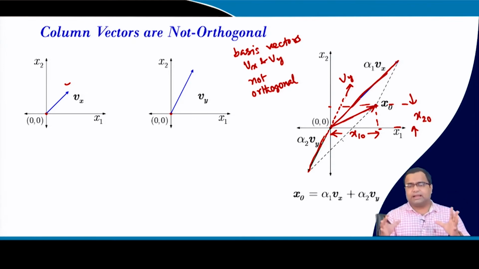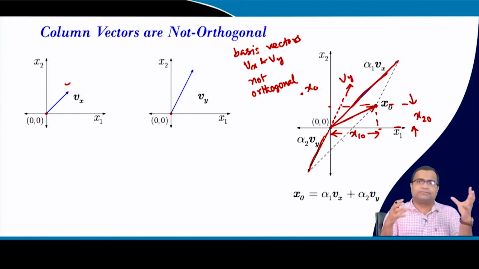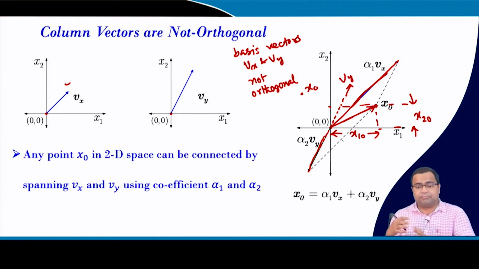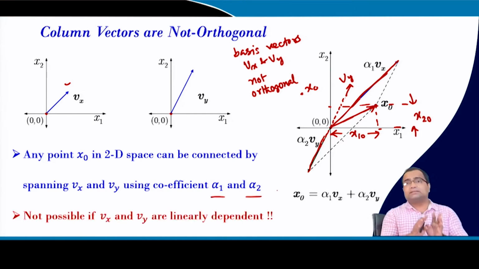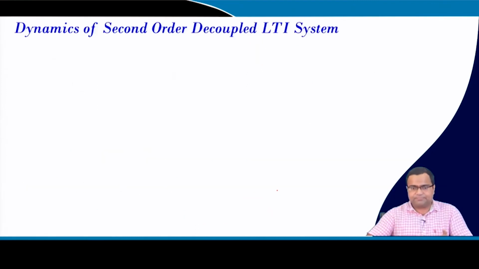So we can generate this vector from these 2 vectors. Any point x0 can be mapped by Vx and Vy by scaling them with coefficients alpha 1 and alpha 2. But this is not possible if the 2 vectors are linearly dependent. So our first requirement is that the vectors must be linearly independent.